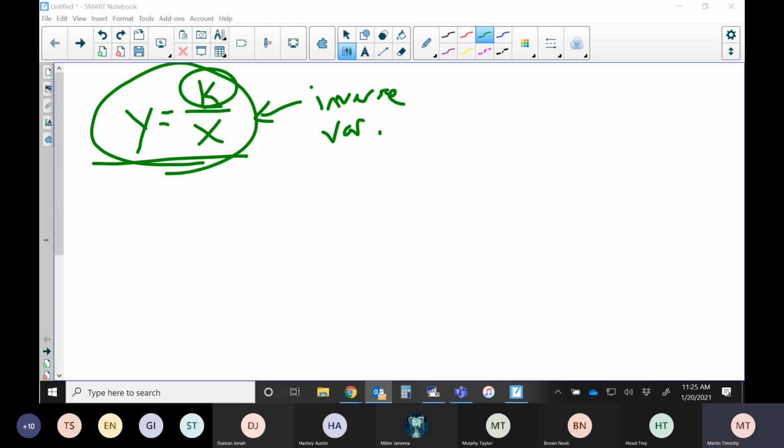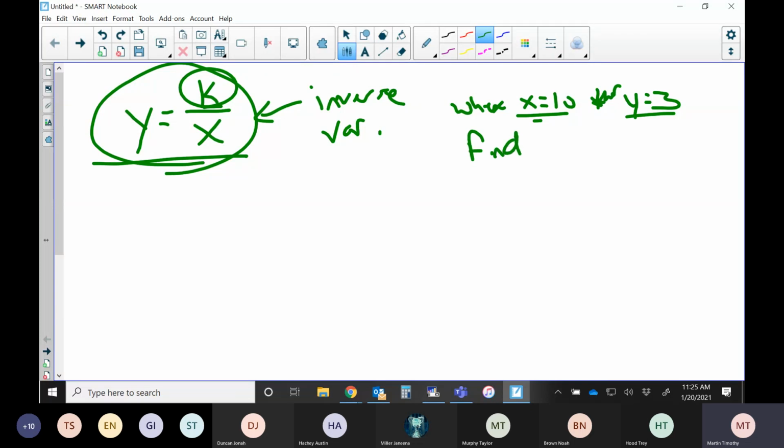So if I asked you to find the equation when x equals 10 and y equals 3. When x equals 10, I guess I should say then y equals 3, because these are an ordered pair.